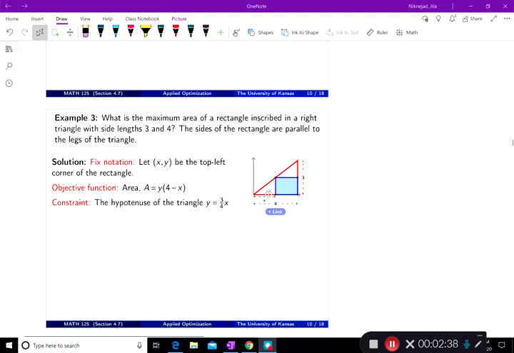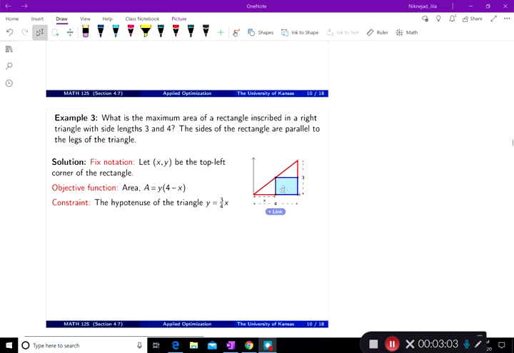But there's always a correlation between them. How's that related? You have similar triangles in here.